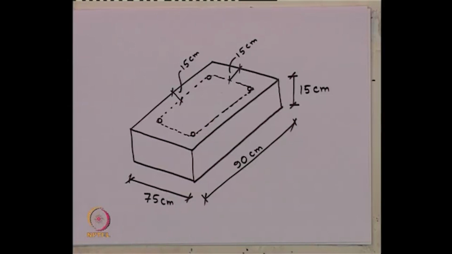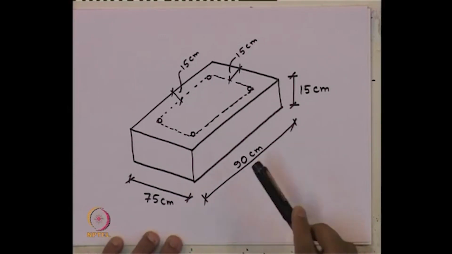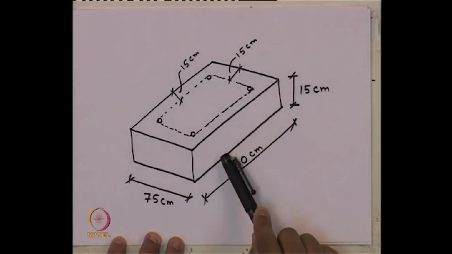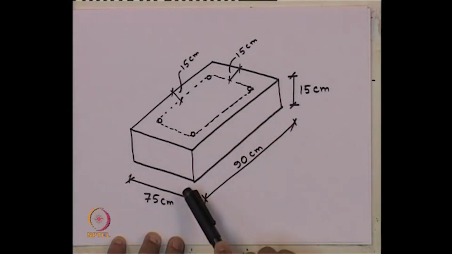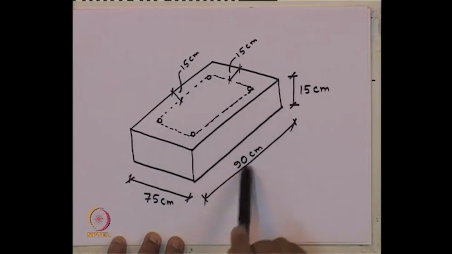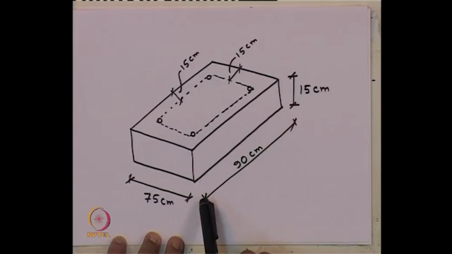Does it end the design process here? No. Why is it not ending the design procedure? Because we are not yet sure whether the no resonance criteria has been satisfied or not. Based on the provided size, we have not calculated the natural frequency of the entire system.